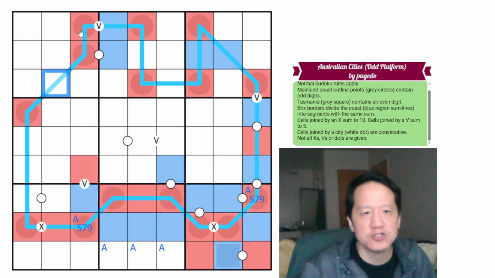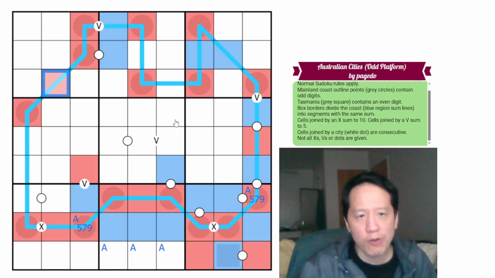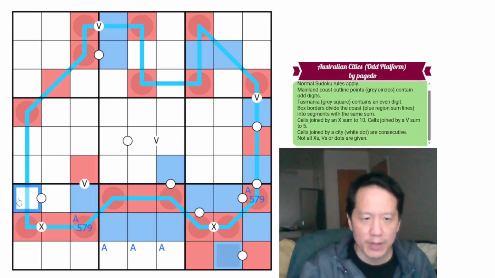This must be odd too, because these two are odd. And to add up to an odd digit, you have to have 3 odds instead of 2 odds and an even. Oh, wait, this is not the same. This is actually 4 digits. My apologies.